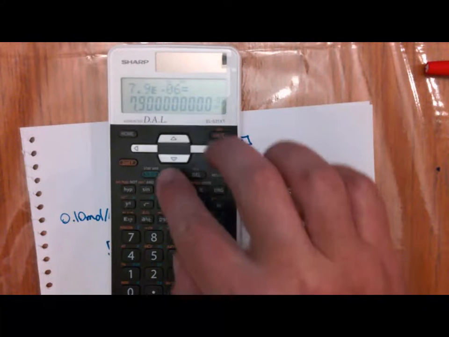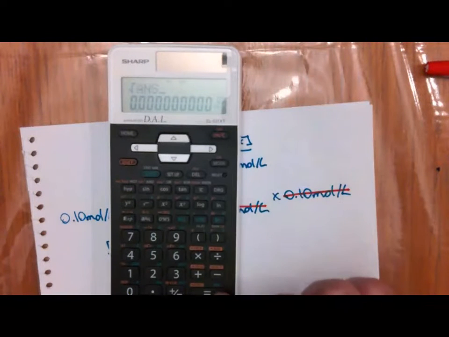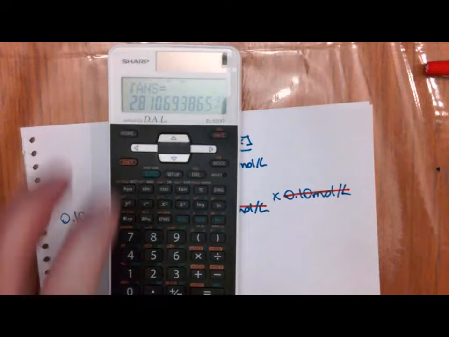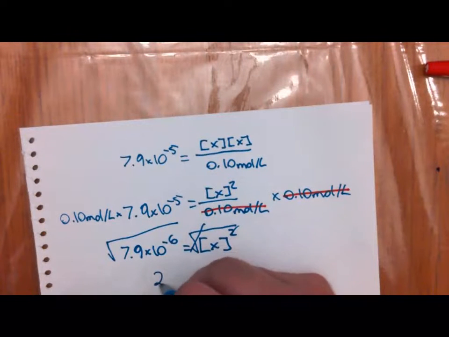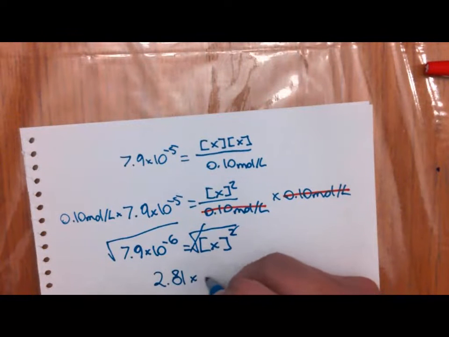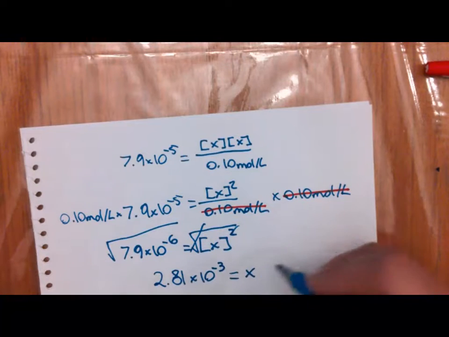And then I will square root that value, giving me 2.81 times 10 to the negative 3. So 2.81 times 10 to the negative 3 is going to equal my x value.